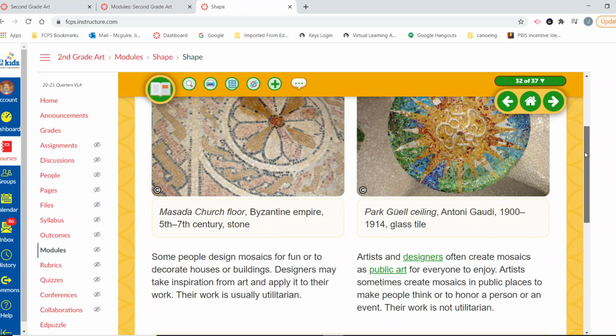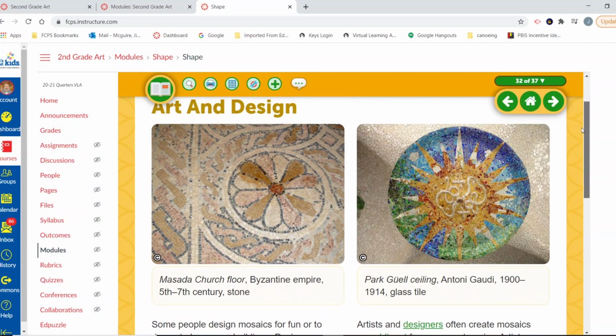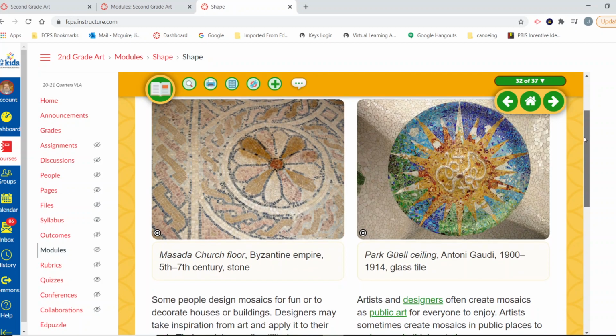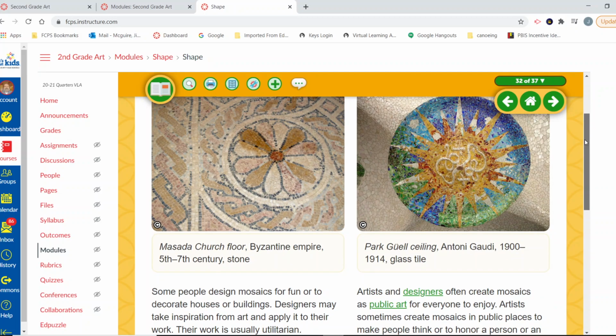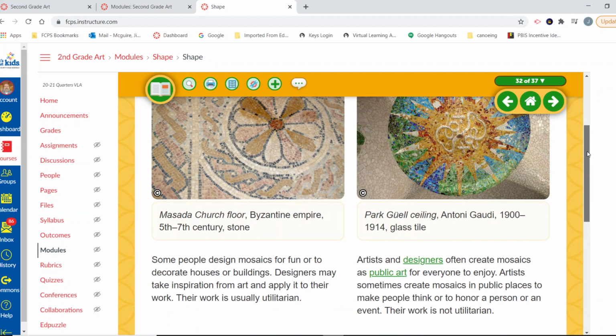I like to call it functional art, which means it provides some type of function. And sometimes mosaic works of art are also functional. For instance, if you have a bowl or plate that has some type of mosaic done on it, it could be both a useful functional bowl as well as a work of art.